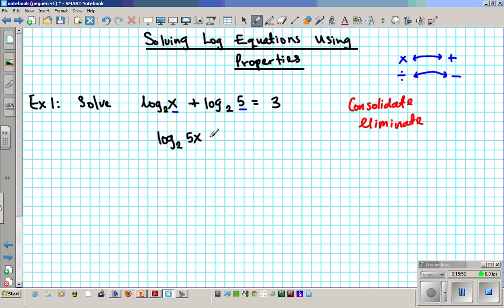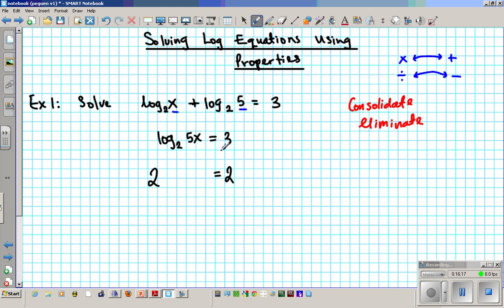So log base 2 of 5x equals 3. I just consolidated using the first property we went over. Since it's now consolidated into one log, I can eliminate it. What is the opposite of log? Exponent. The base of the exponentiation is 2, so put a big 2 here and a big 2 here.